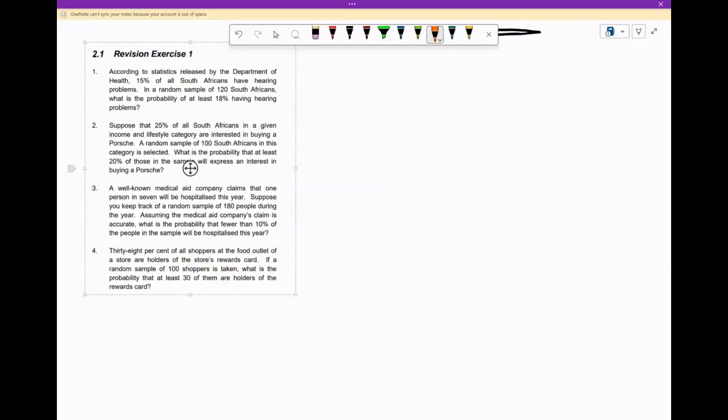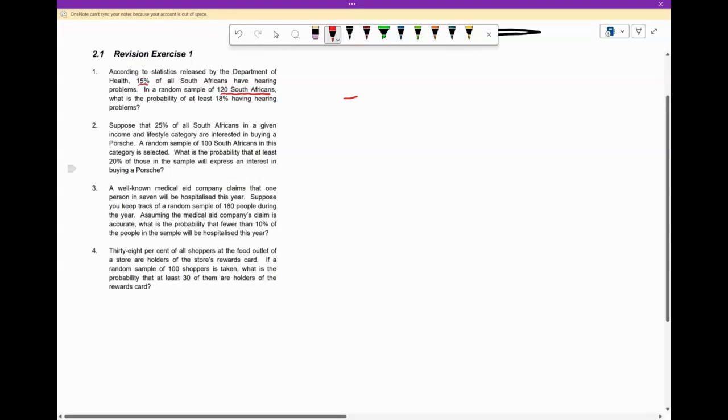Then they go on to say, in a random sample of 120 South Africans. So already we know this 15 and this 120 are important.